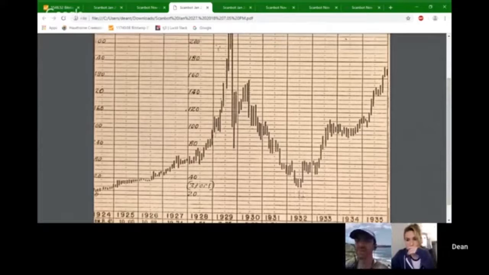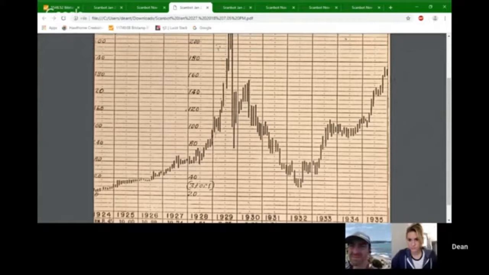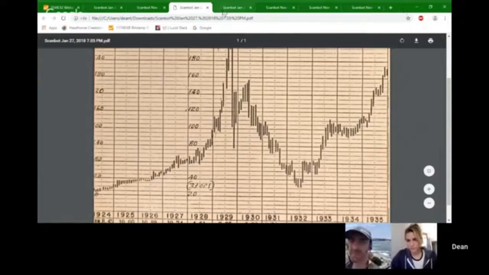It immediately started up. Those first 2 did not. They stayed down for 4 years going flat. This one takes off immediately into a large accelerated move, which actually goes all the way to 1937, where we had another bear market and a recession. But by that time, this one had gone to new highs.